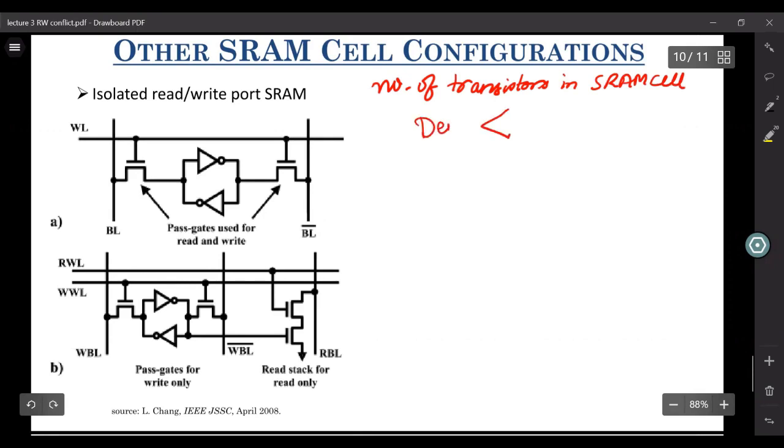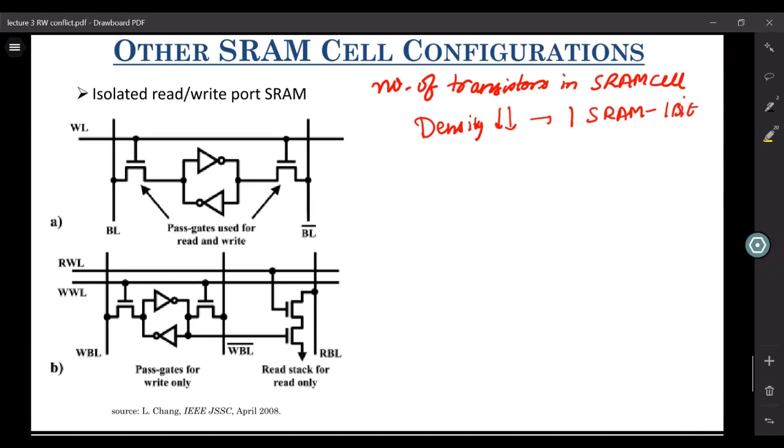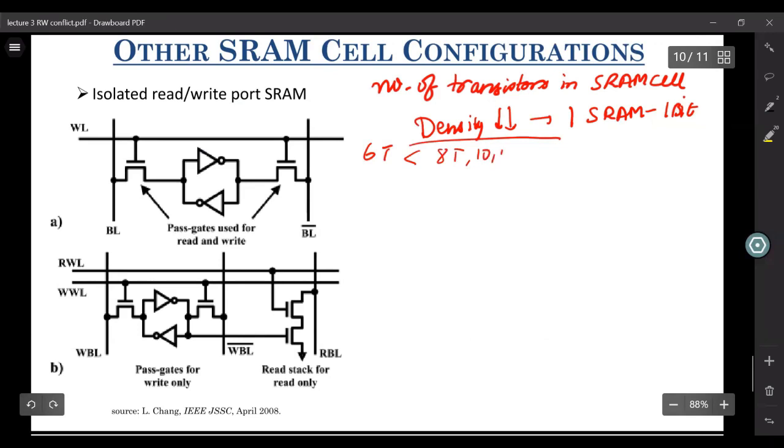Density goes very low, because one SRAM cell is storing 1 bit, right? And you want as many bits to be accumulated in your memory as possible. So the density degrades the moment you go from 6 transistors to any of these 8T, 10T, or 13T cells, whatever you have.